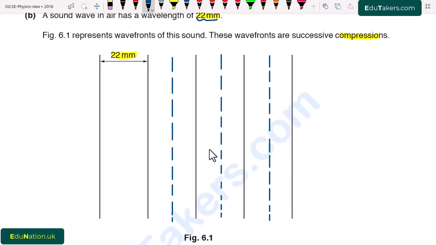And that is the last rarefaction. I also label here. While this solid line is compressions.